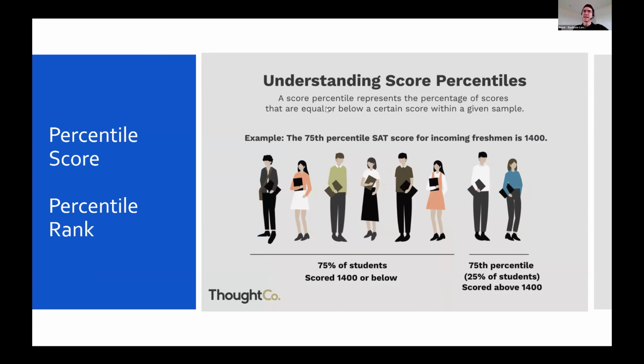A score percentile represents the percentage of scores that are equal to or below a certain score within a given sample. For example, the 75th percentile SAT score for incoming freshmen is 1400. That means that 75% of students scored 1400 or below, and 25% of students scored above 1400.